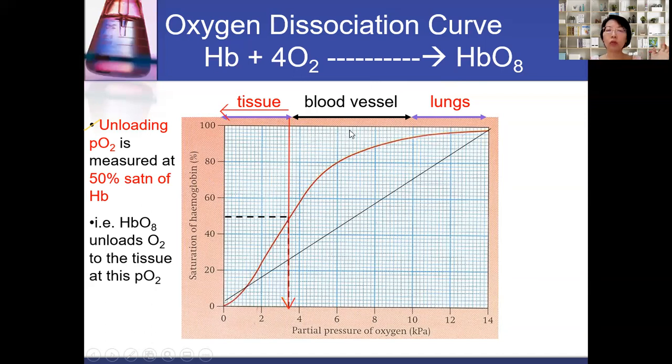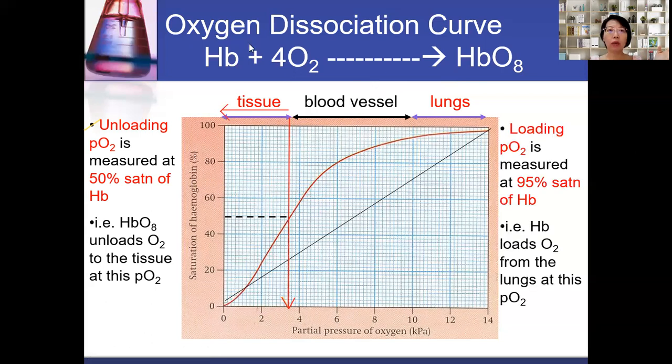So of course, we also want to know where the partial pressure can be found in the lungs. This is called the loading partial pressure. Loading partial pressure will be found in the lungs. So how do we find out the loading partial pressure? You have to look at 95% saturation of hemoglobin. When the hemoglobin is 95% saturated, that is the loading partial pressure.